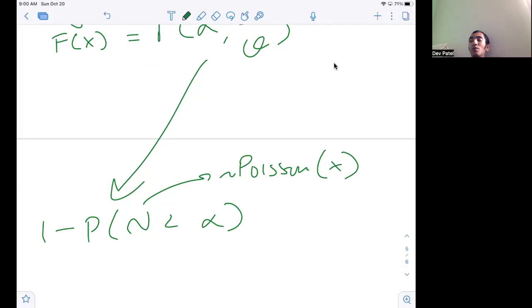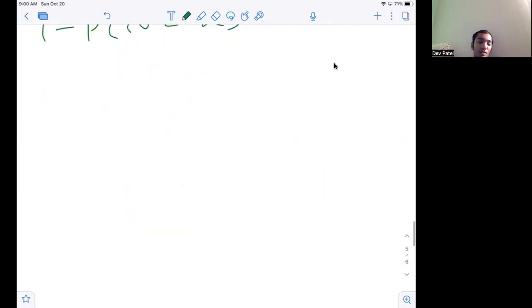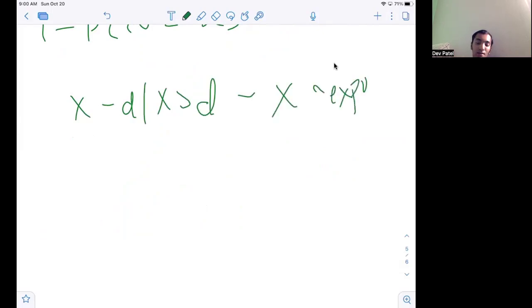From the memoryless property for exponential, the distribution of x minus d given x is greater than d is the same as the distribution of just x, which is exponential of some theta. So in this case, the expected value would be the same, the variance would be the same, everything would be the same here.